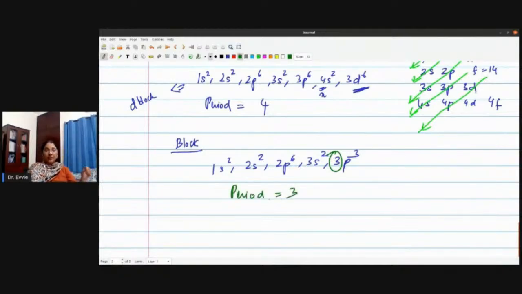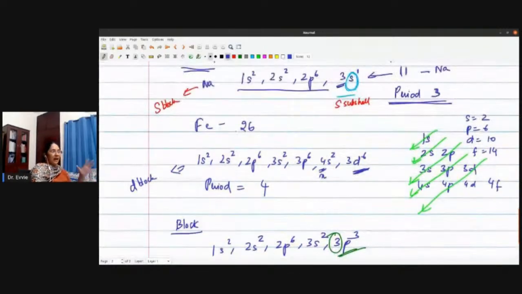And the last electron enters which subshell? P subshell. So the block is P block. I hope it is clear for you now. Like that, you can try many more. I've already done iron also, so it belongs to period 4 and D block.